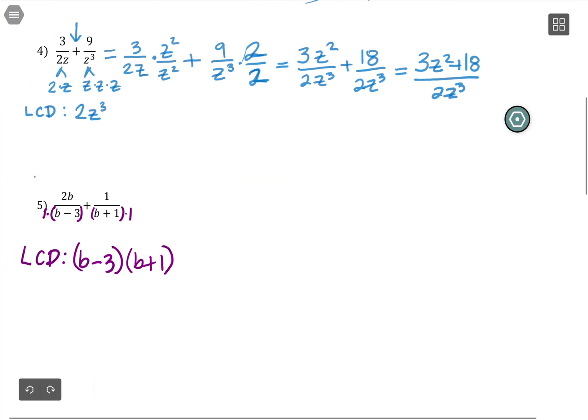we're going to go back up to the top, and we're going to say 2b over b minus 3 is missing a b plus 1. And we're going to say that 1 over b plus 1 is missing a b minus 3.